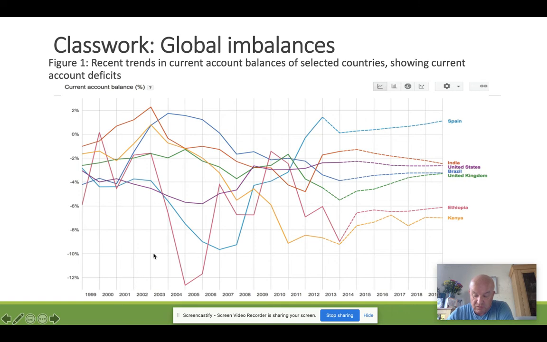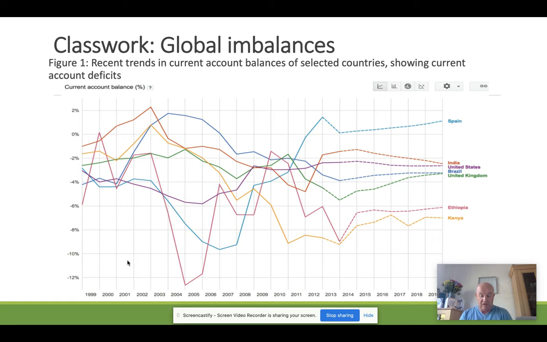the next chart, which actually starts to look not so much at current account deficits, but in this instance current account surplus. Now remember, when we're trying to calculate a current account balance, whether it's a surplus or a deficit, normally speaking, the majority of that figure is going to be made up of the difference between imports and exports.